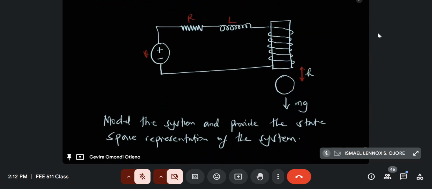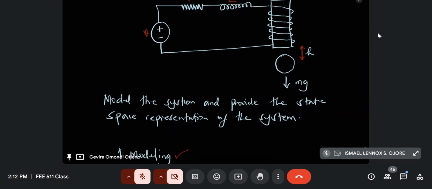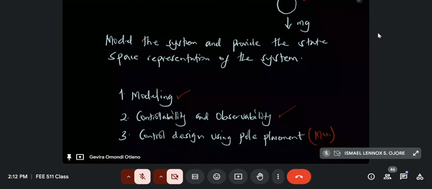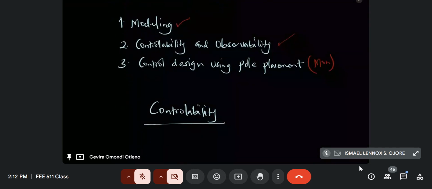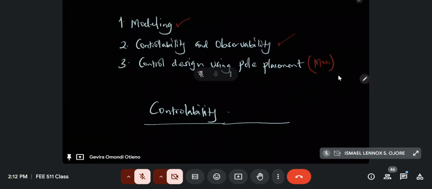All right. So, like I've said, today I just want us to look at controllability. Let me just do them together. Then when I go to the examples, let me do them all together at once.